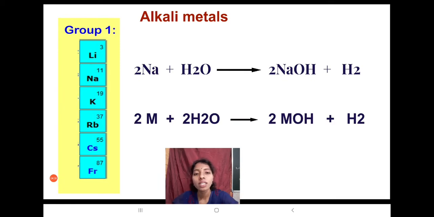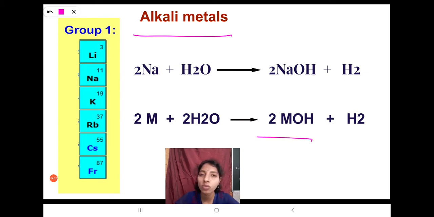So, we can say that these elements are alkali metals, they will show metallic nature. Right? And when they react with water, they form hydroxides and release hydrogen gas. So, the valency of these elements is 1. Right? So, we can consider these elements as the alkali metals.